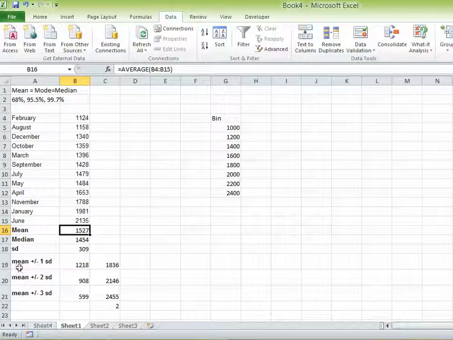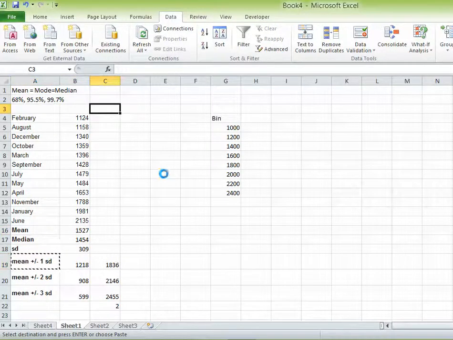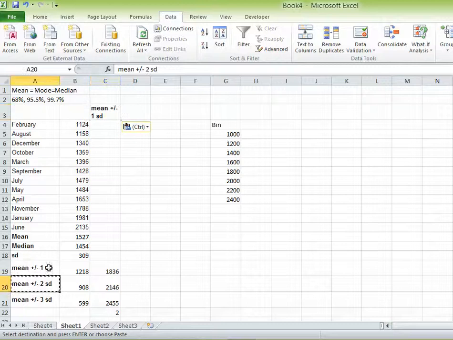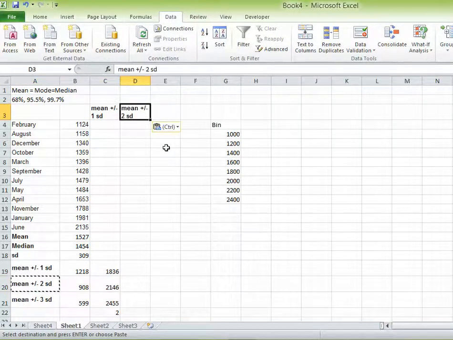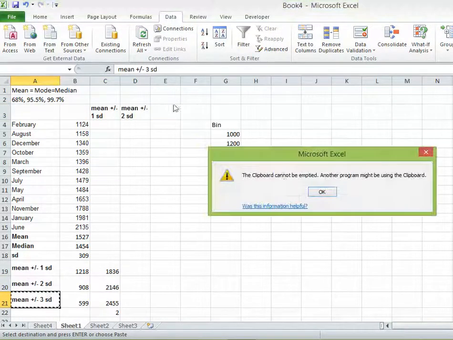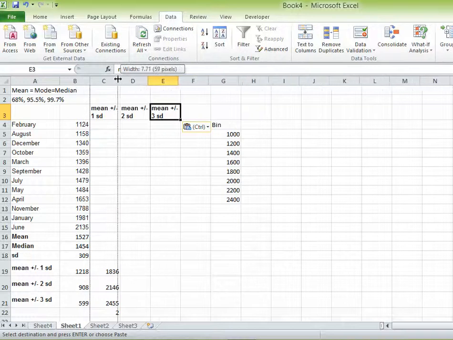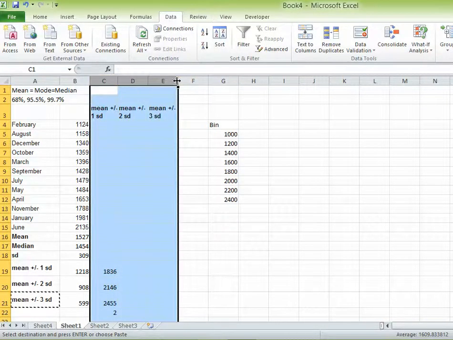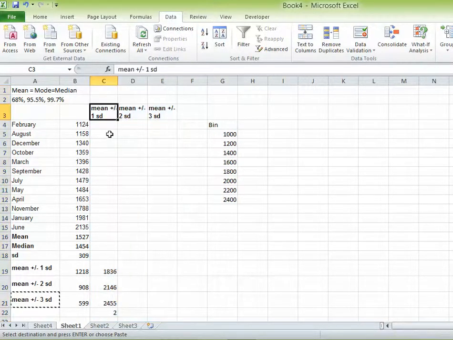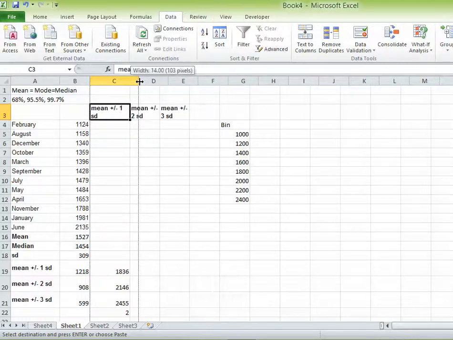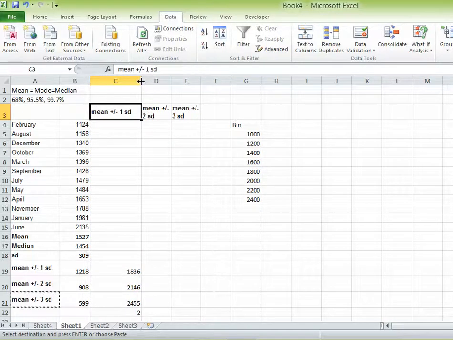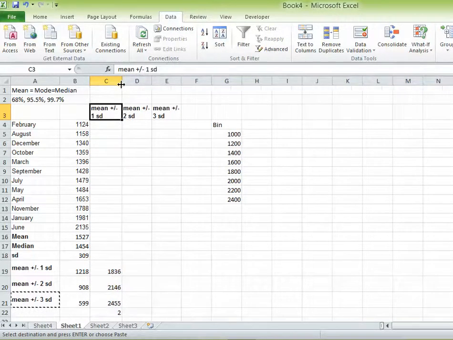How many values fall within the mean plus 1 standard deviation, the mean plus 2 standard deviations, and the mean plus 3 standard deviations? Oopsie. Highlight those. Double click. Interesting. Whatever. We'll leave it like that.